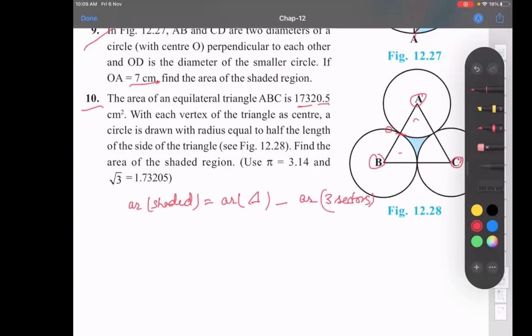If I subtract the area of these three sectors from the triangle, I will get the area of this shaded region very easily. Area of triangle is given to us, 17320.5, but for the sector we want the radius. So first we need to find the side of the equilateral triangle.